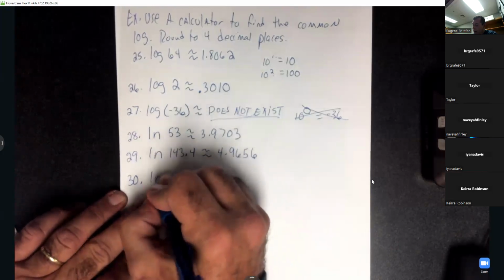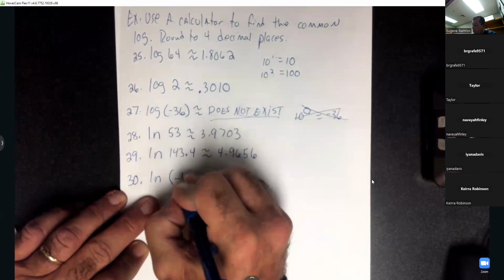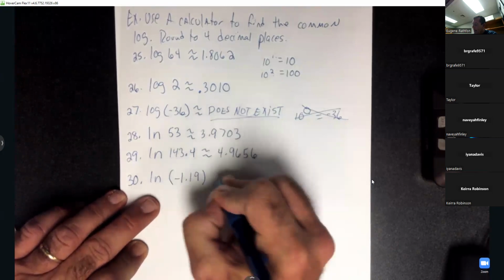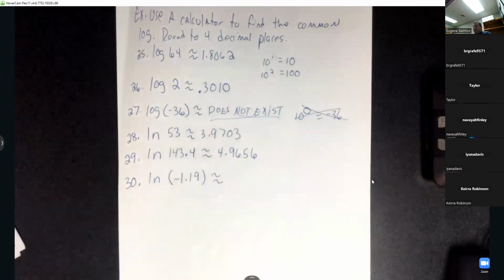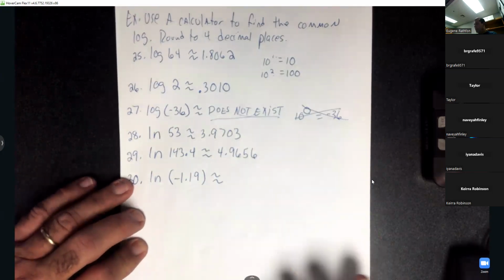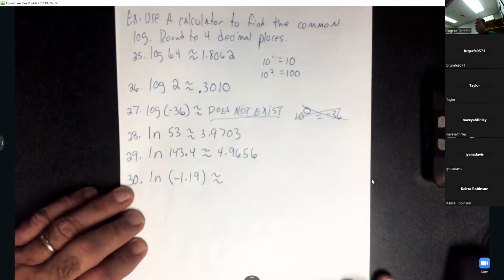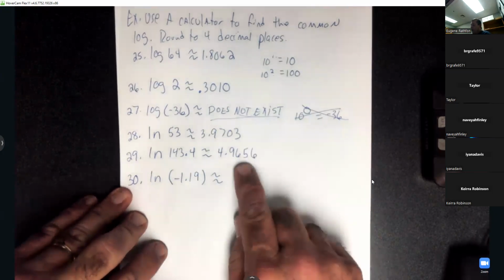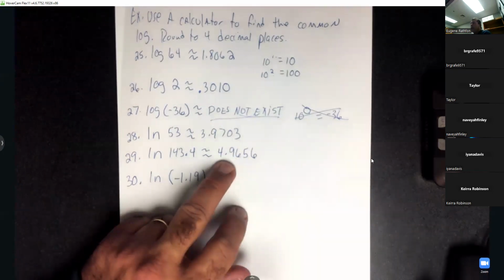All right, y'all. LN of a negative 1.19. So last one, and then we'll change up. Oh, now I think this one was rounded on this 29.